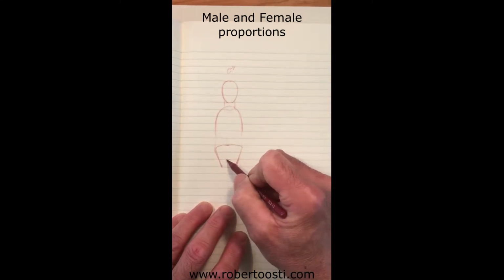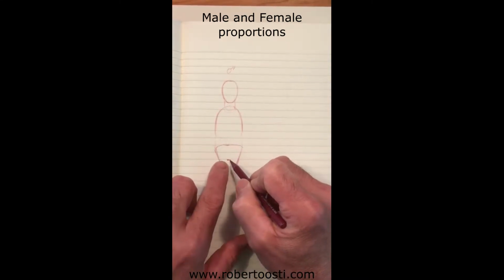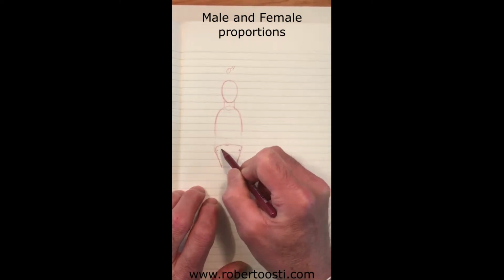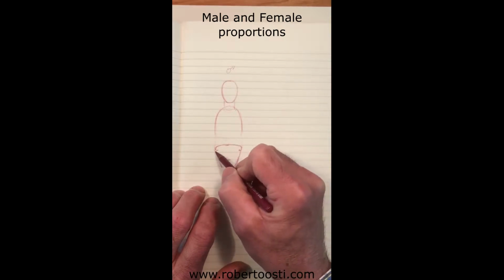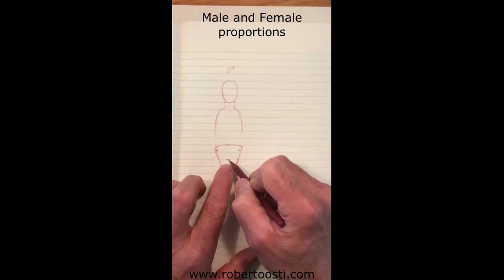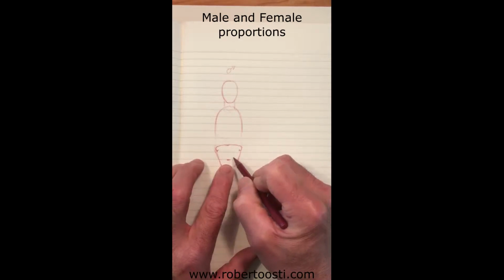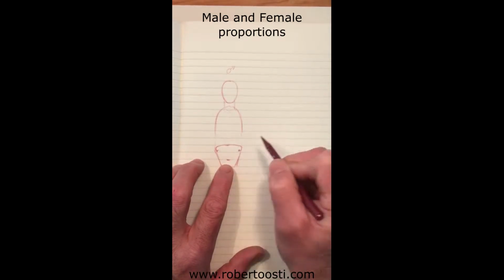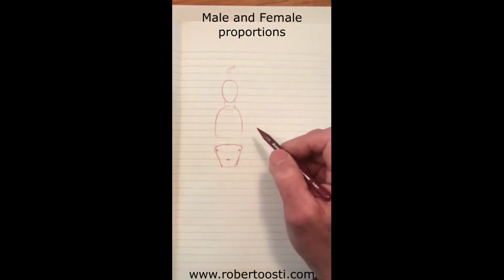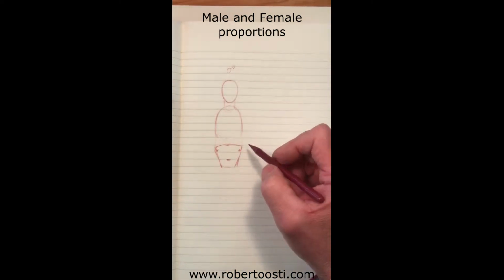The pubic bone could be at the lower quarter, lower third. Let's put it at the lower third here because it's easier. It really depends on the tilt, depends on many things. So lower third for the pubic bone, and upper third for the iliac spine.